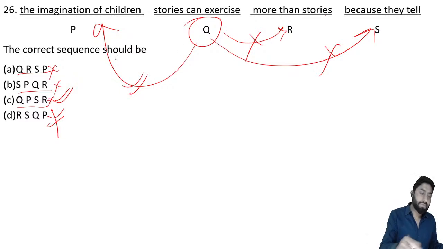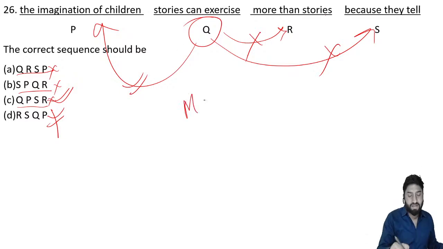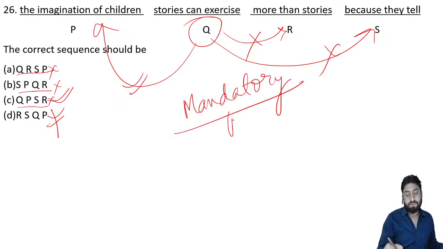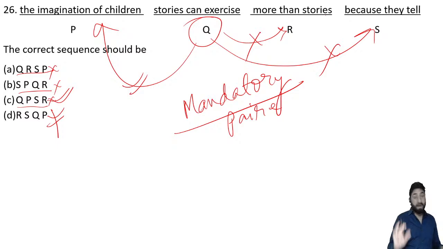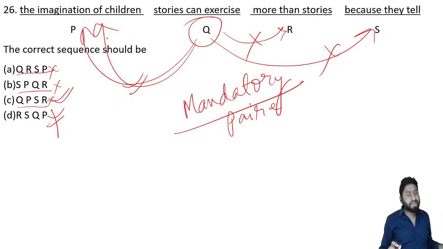So we understood this much, Q and P has the mandatory pair. We look at mandatory pairs in para jumbles when we are arranging sentences. When we talk about sentence arrangement, then we talk about mandatory pair. We take a lot of help from it, and it is helpful here too. See, now Q with R and Q with S, that doesn't go well, and you are only left with the option Q and P. If you start checking, two options have Q and P together, so it can only be one of these two. We saw C is the better option.